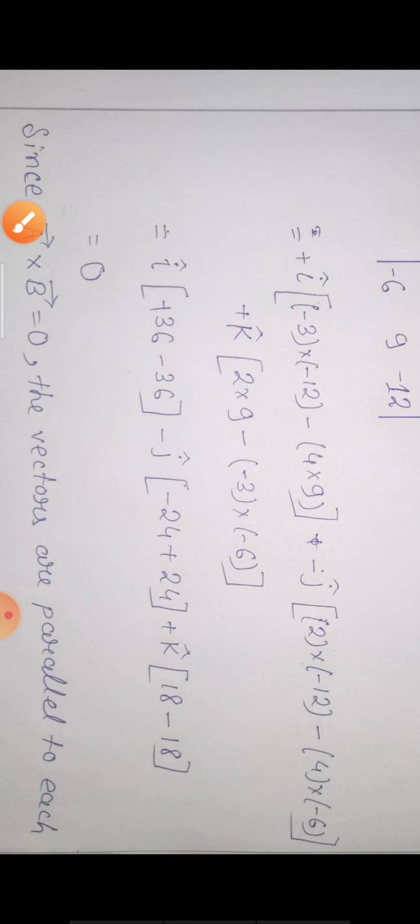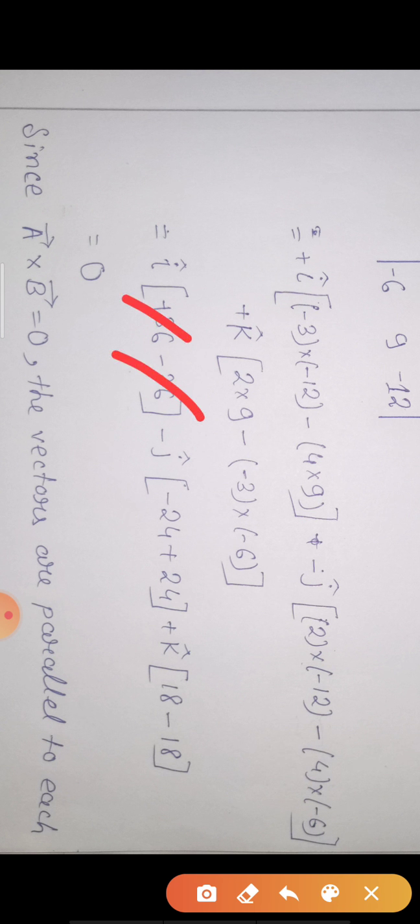All these terms cancel: i into 0 is 0, j into 0 is 0, k into 0 is 0.